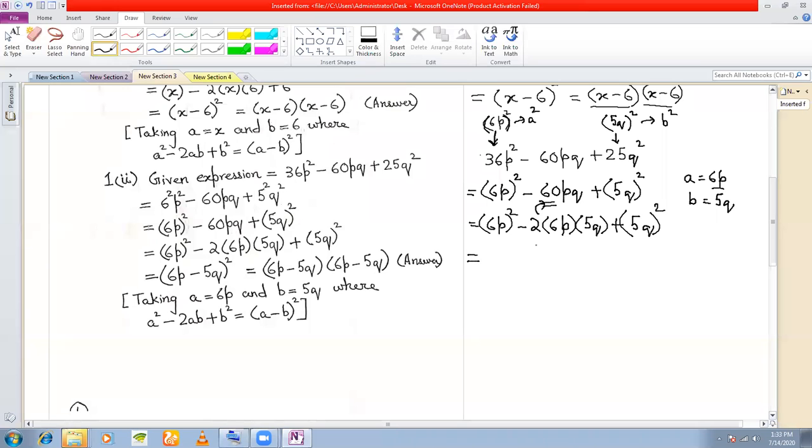Now you tell me what form this is. A minus b or a plus b? This is a minus b, because there is a minus sign before 2ab. So this is clearly a minus b whole square. So this expression has been factorized into 6p minus 5q into 6p minus 5q.